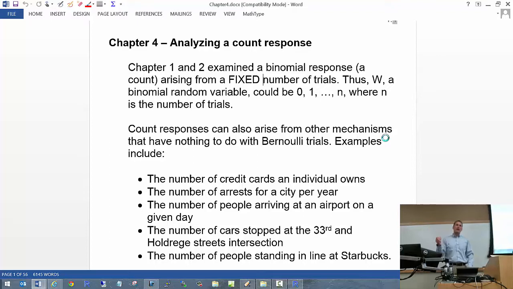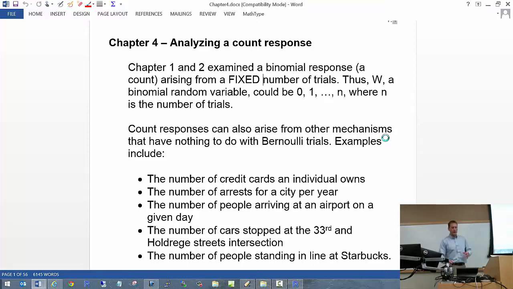And what I mean by count, and we've actually looked at counts before with respect to binomial data: how many successes did you have out of n trials? The key was you always knew how many trials there were, so you have an upper bound for what that count should be. Here, we're going to look at count responses where we don't have that upper bound.